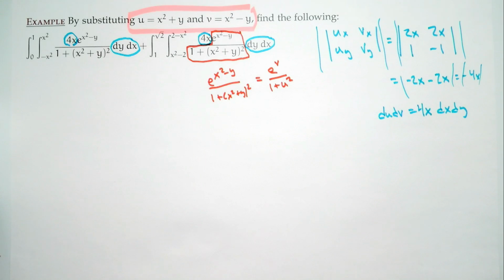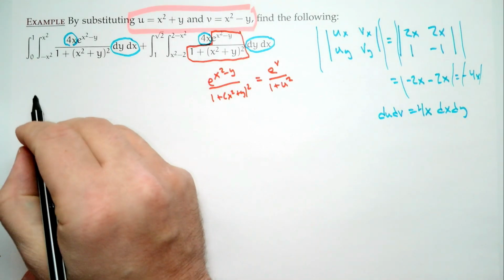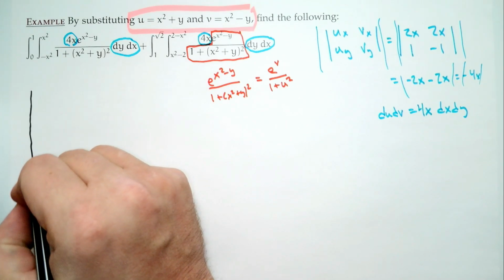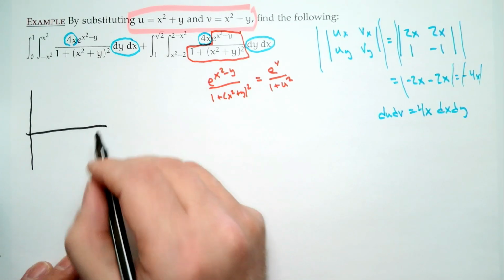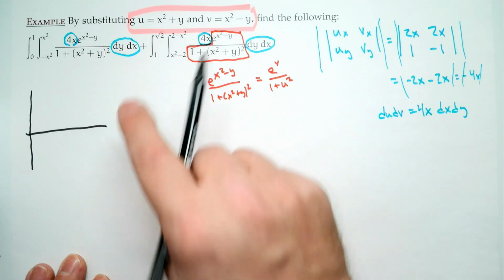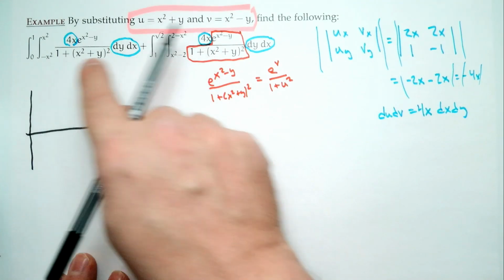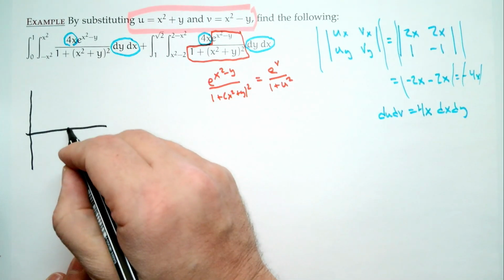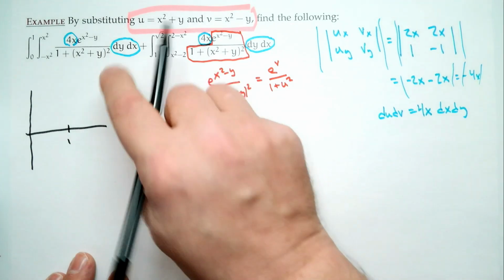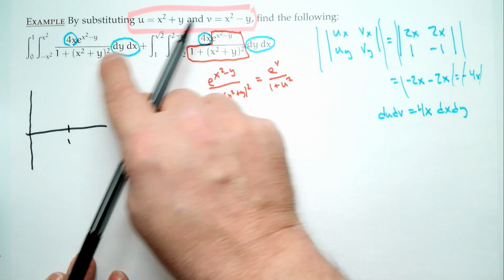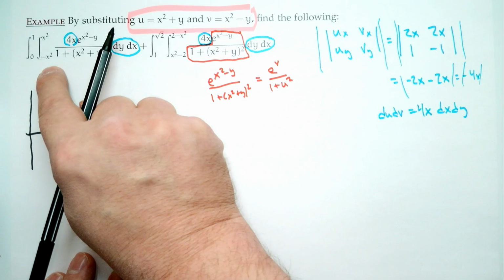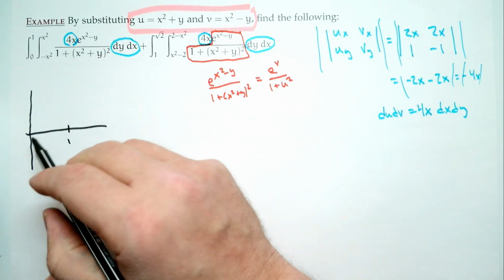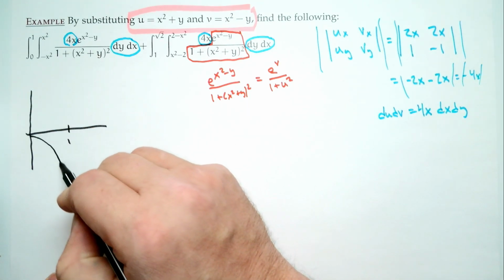What's left? The bounds. Okay. So now comes the fun part. See, this is really two integrals. So let's do the first one. What do we know about x? 0 to 1. So let's say this is at 1. Where does y go from? Well, y goes from negative x squared, which looks like this.